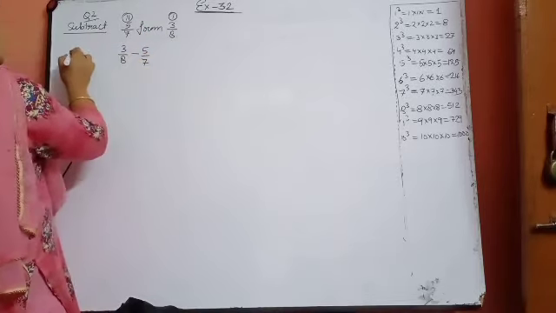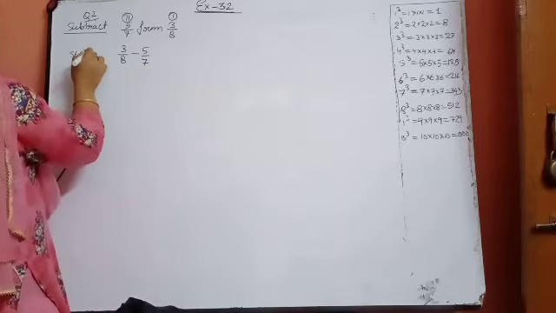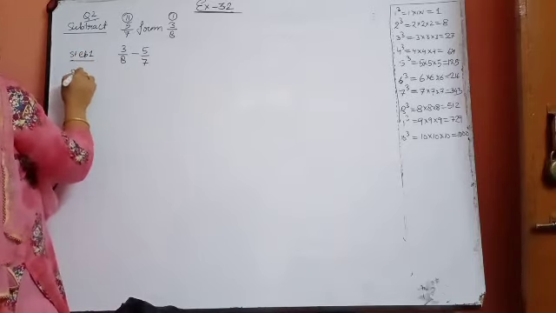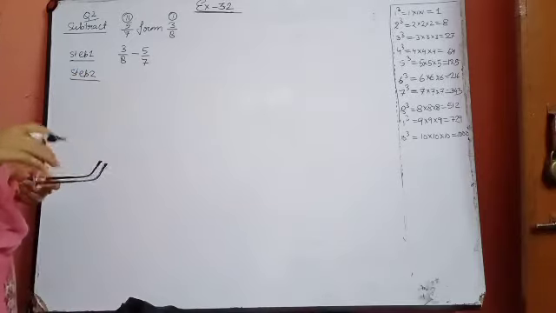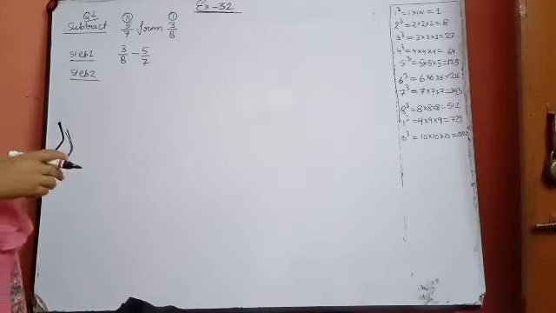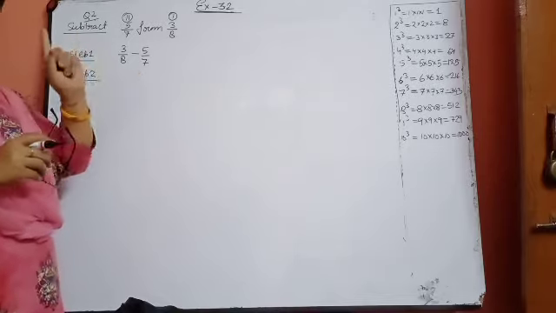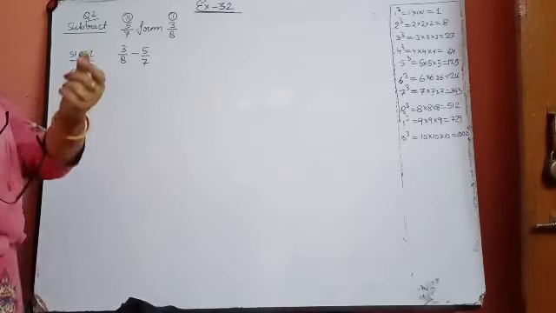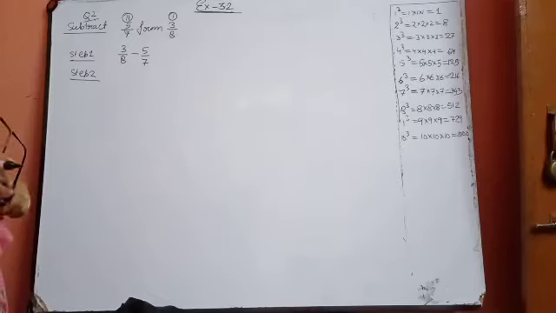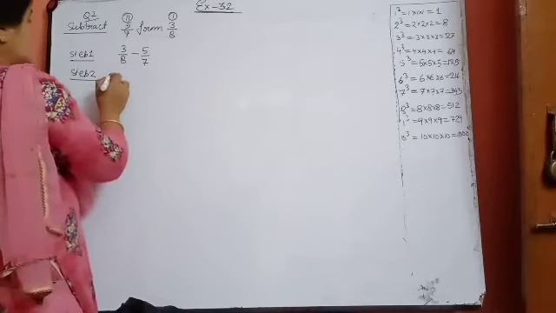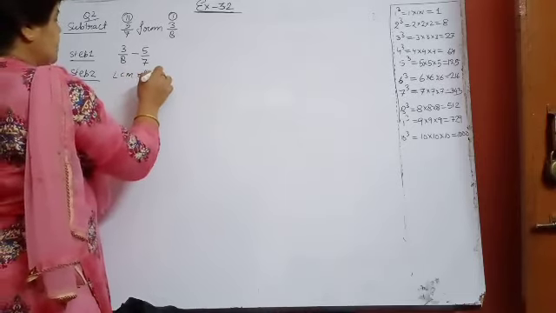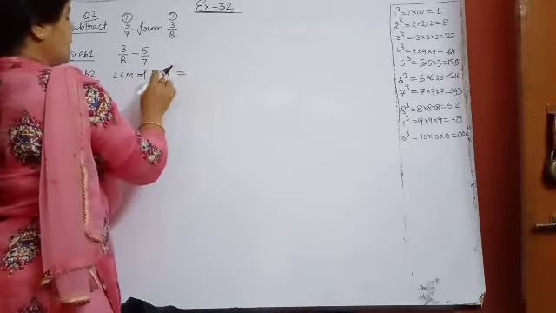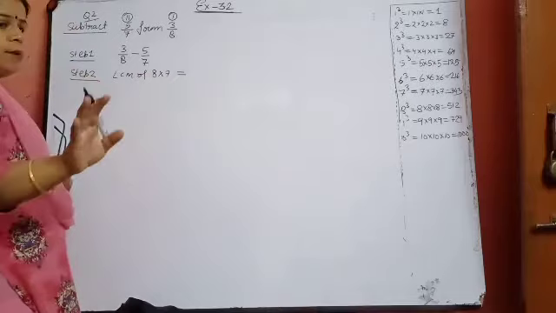Now it was your step 1. Now in step 2, in addition, if we write first and second, there will be no change. But if in subtraction we will not write the correct number in the first position, then your subtraction will become wrong. So see that. Now take LCM. LCM of 8 and 7. So 8 and 7 have no common factor.